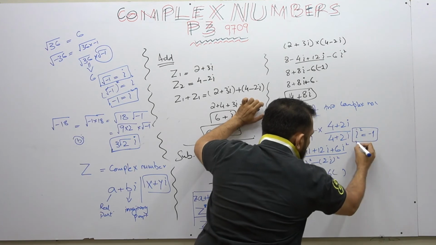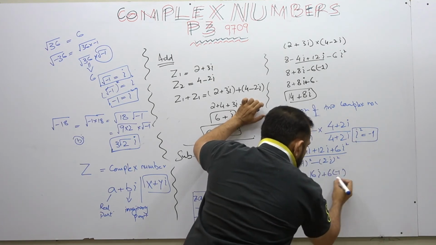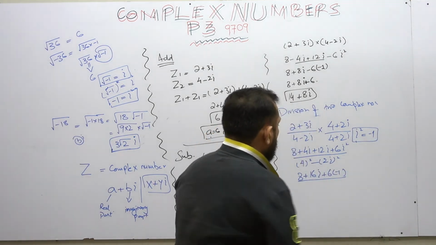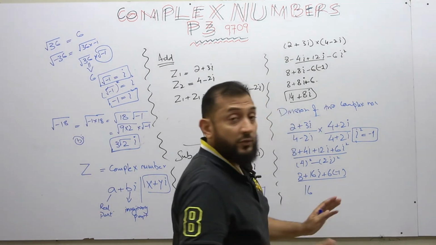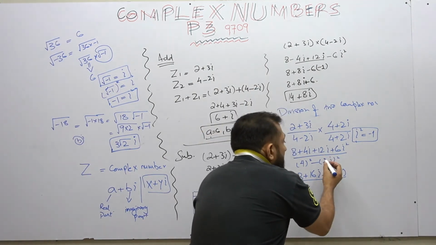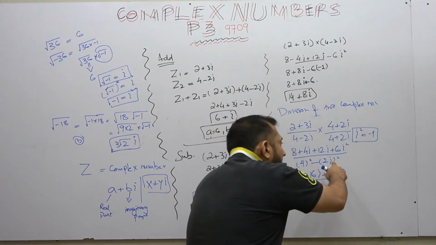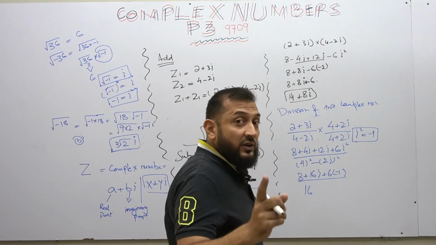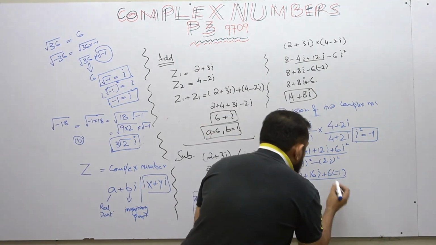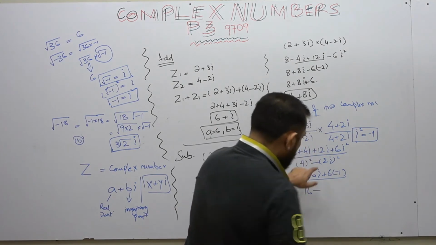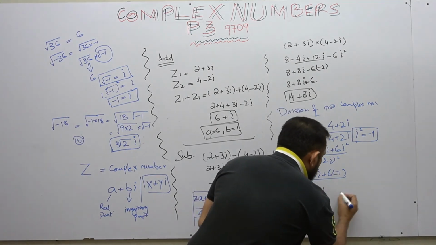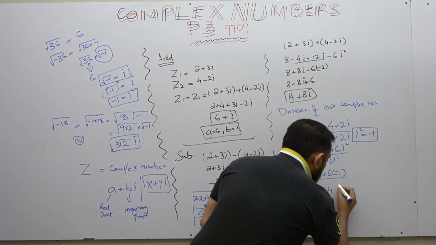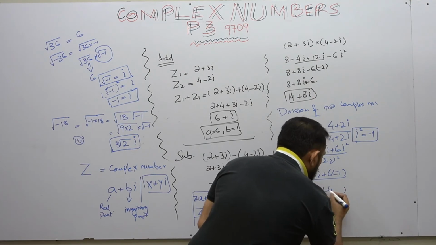So you can replace this iota square with minus 1, and in the denominator we have 16 because the square of 4 is 16, and the square of 2 is 4, and that of iota is minus 1. So like we have a negative sign here, make a bracket and write 4 times minus 1, which is minus 4.